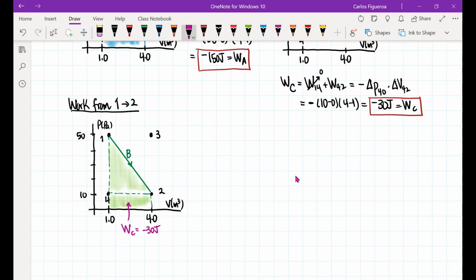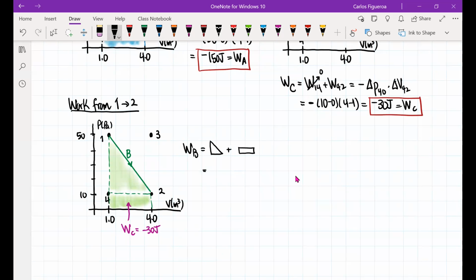Okay, so here I go. So then that means the work of B is really two pieces. There's the triangle plus the little rectangle.